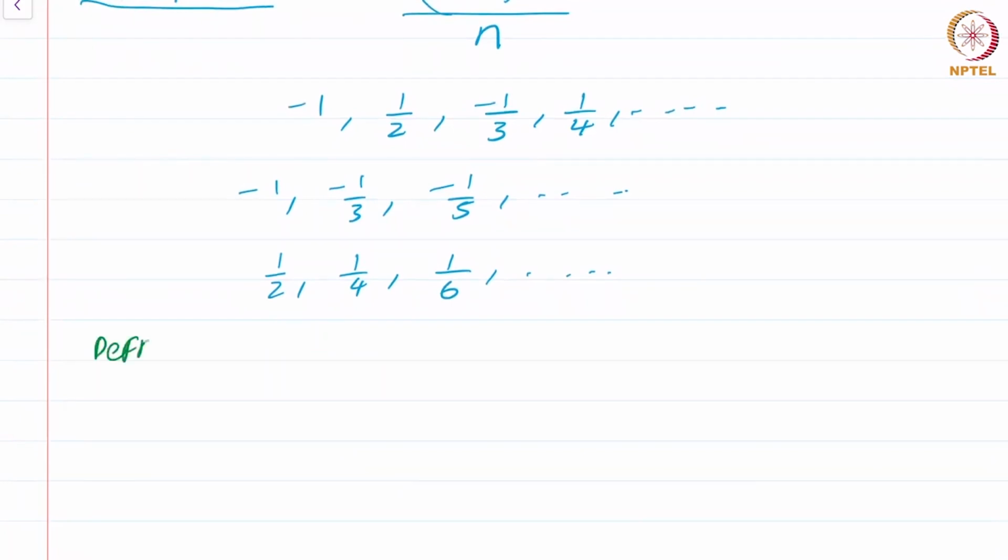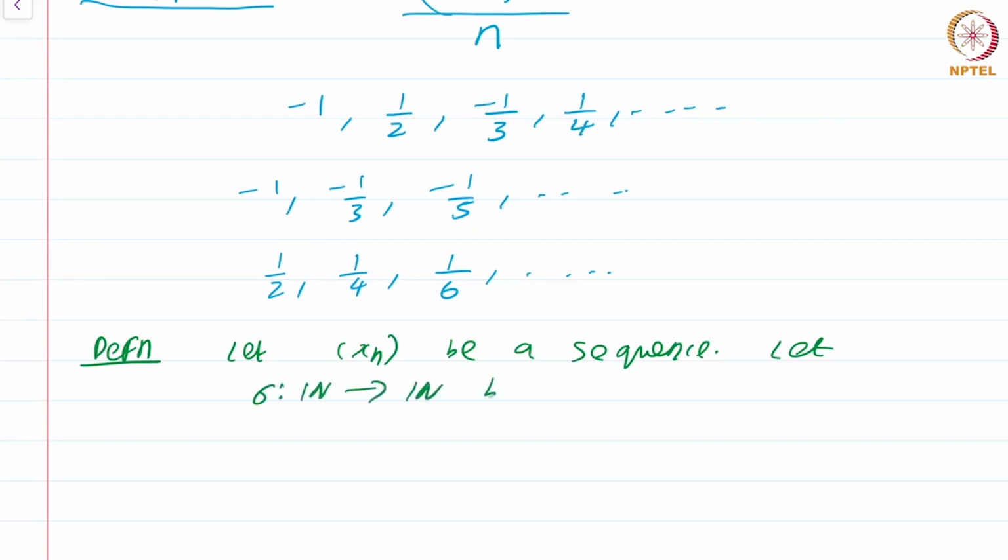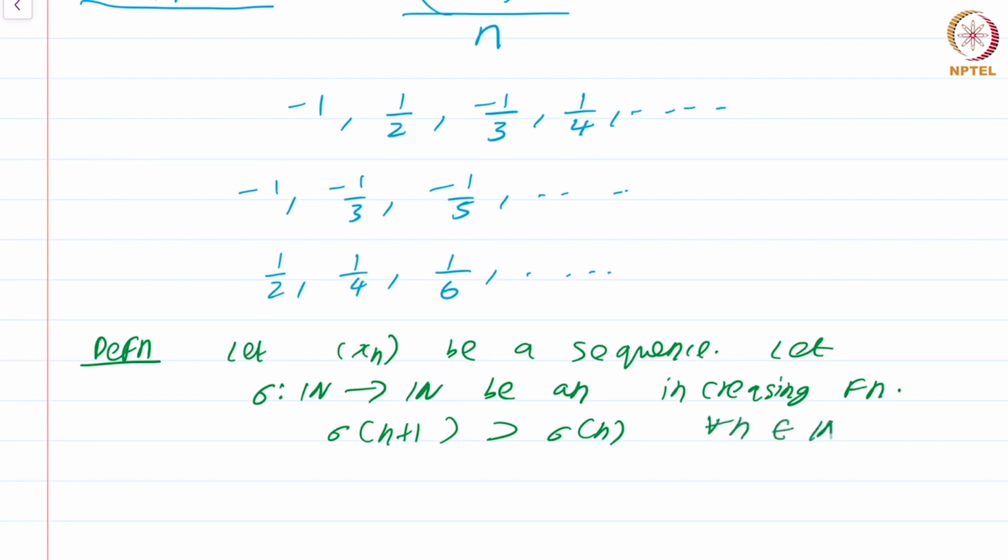So this example motivates another definition. Let xn be a sequence. Let sigma from natural numbers to itself be an increasing function. What does this mean? This means that sigma of n plus 1 is greater than sigma of n for all n in N. Okay?